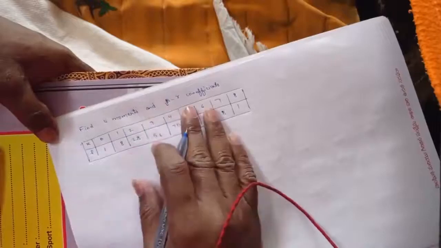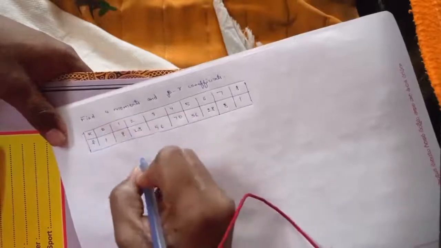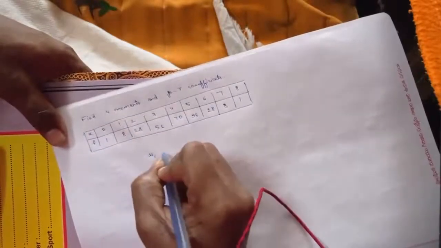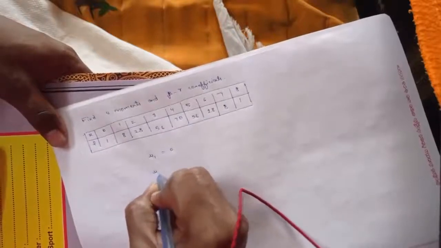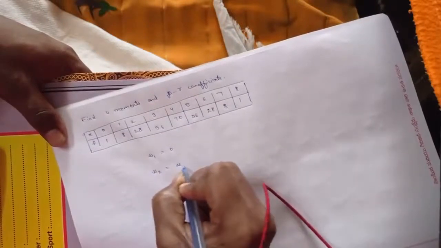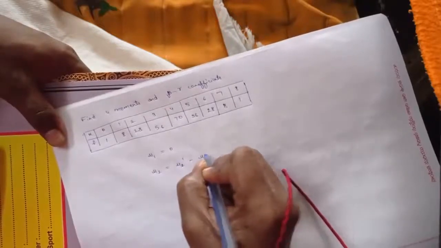So before we do any problem on these moments as well as beta and gamma coefficients, kindly note down all the formulas which are required to solve this problem. So writing four moments: mu1 is always 0, so don't worry about that, and mu2 is equal to mu2 dash minus mu1 dash square.